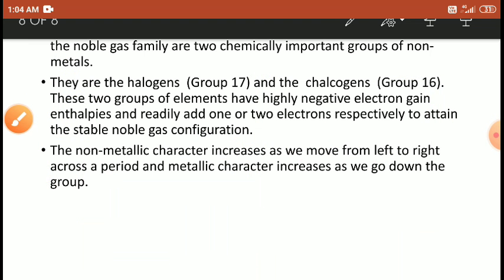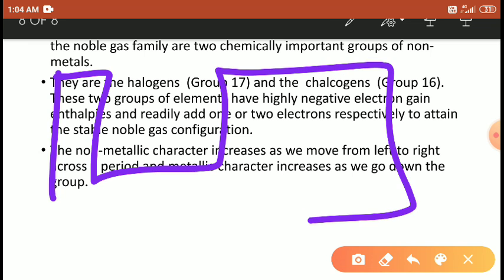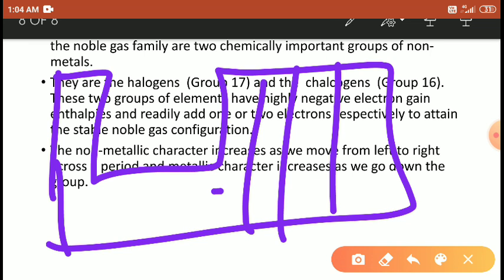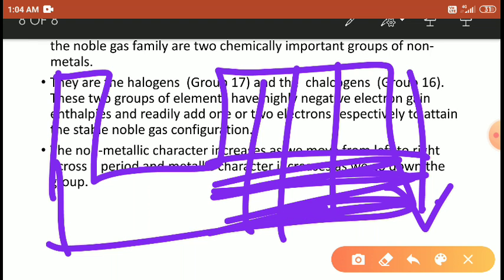Right, students? Across the period the non-metallic character increases, and down the group the metallic character increases. When you move from top to bottom, the elements at the bottom exhibit metallic character. Why? Because the elements at the bottom have a high number of electrons, so the outermost electrons are loosely bonded with the nucleus.